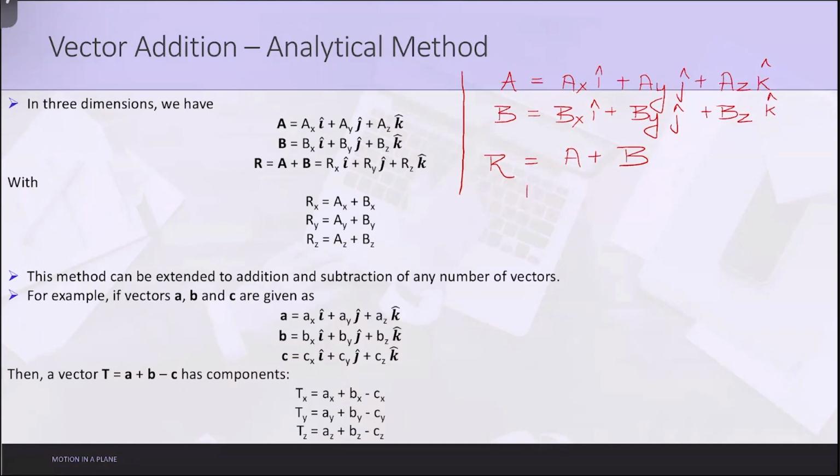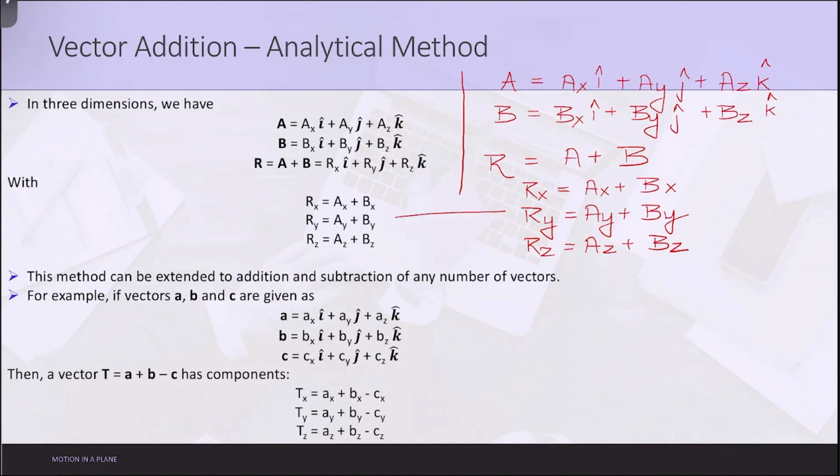Therefore, Rx is equal to Ax plus Bx, Ry is equal to Ay plus By, and Rz is equal to Az plus Bz. Clear? That is the only thing written.